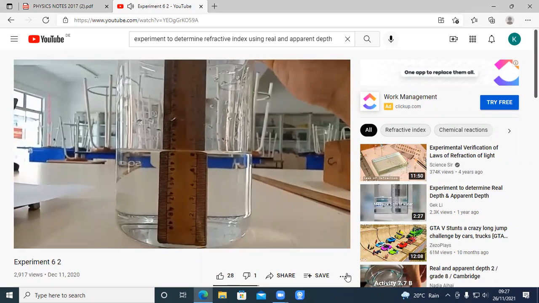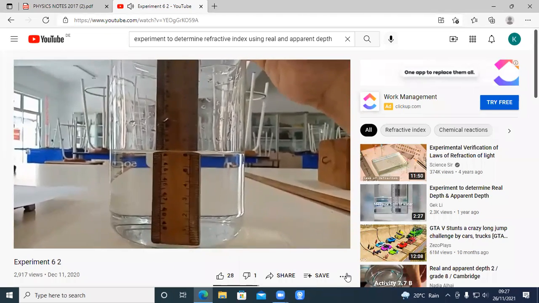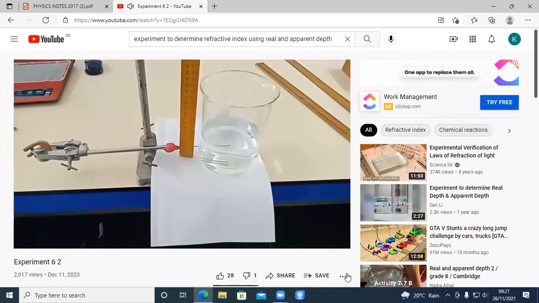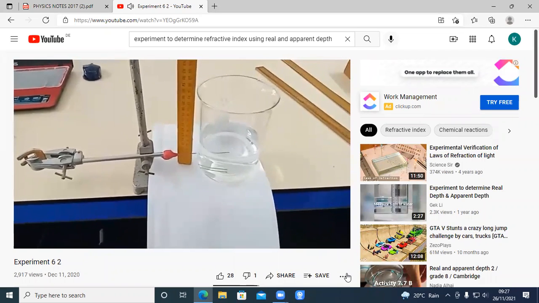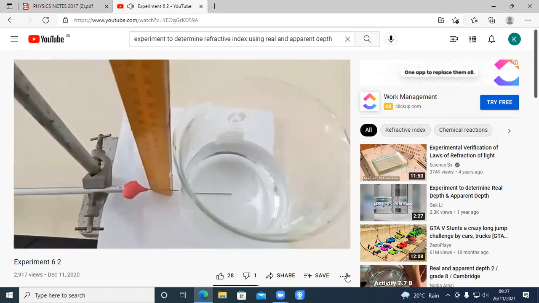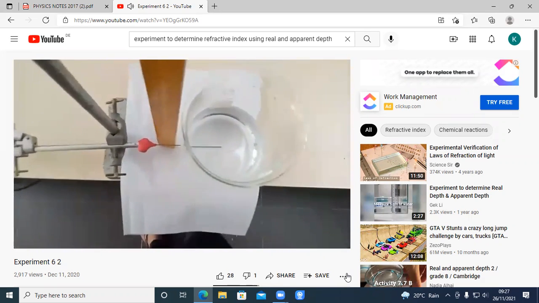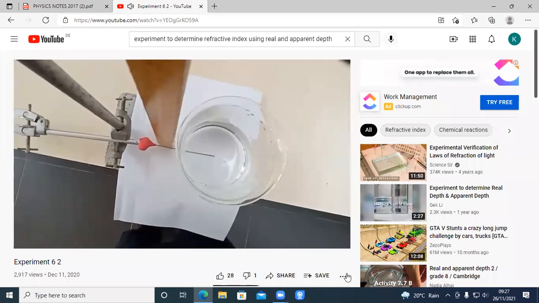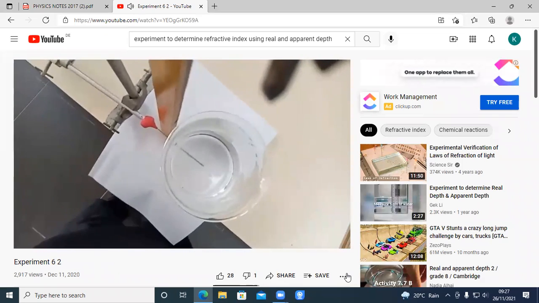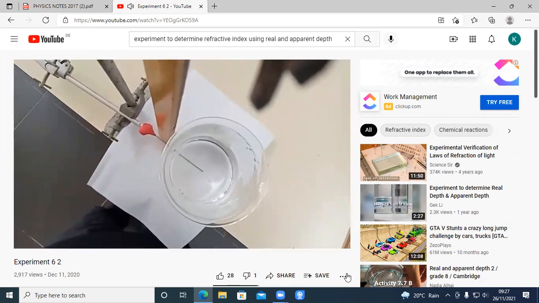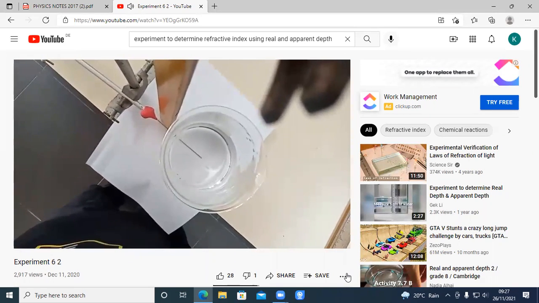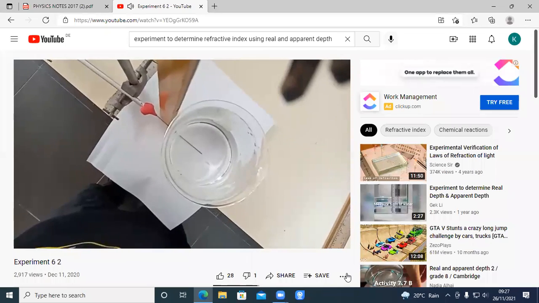Real depth is 6 centimeters. This is the setup of the experiment. After you fill up the water to 6 centimeters, you position the needle so that when you look from the top, the needle inside the water and the needle outside the water are at the same position.